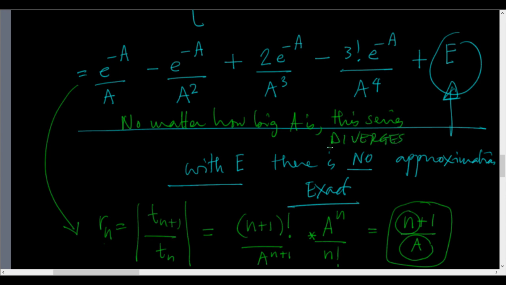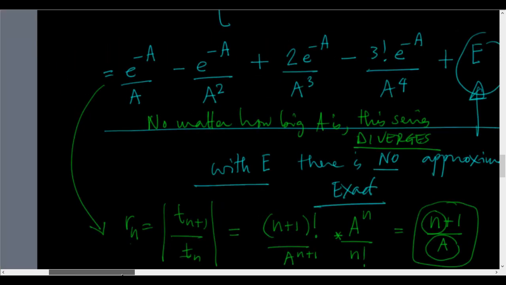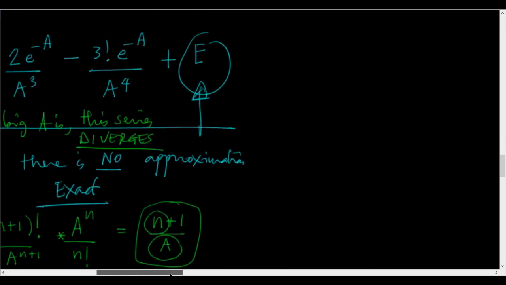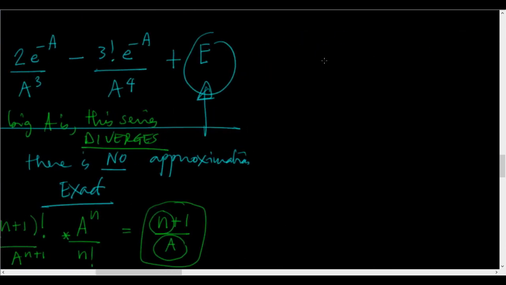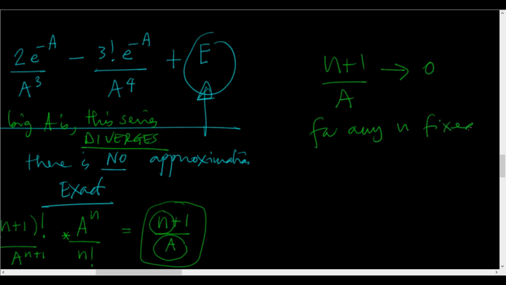Okay, however n plus 1 over a goes to 0 for any n fixed as a goes to infinity, or as 1 over a goes to 0.